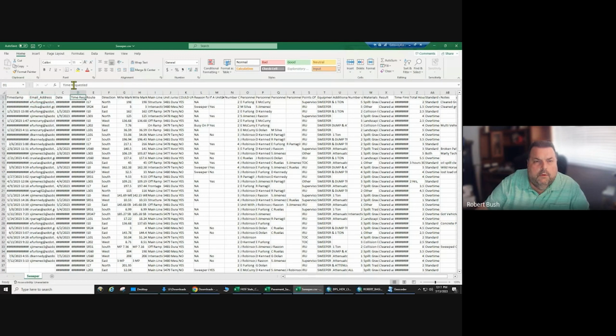So let me just put an underscore. And these are little things that once you were to set up your data for sharing like this, it would just be a one-time setup. You shouldn't have to do this every time. You just set your columns up accordingly. I'm just going to call that mile start. And I'm going to call this mile end.